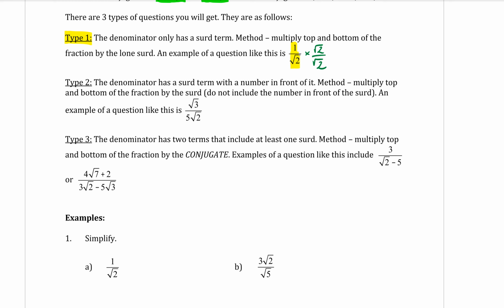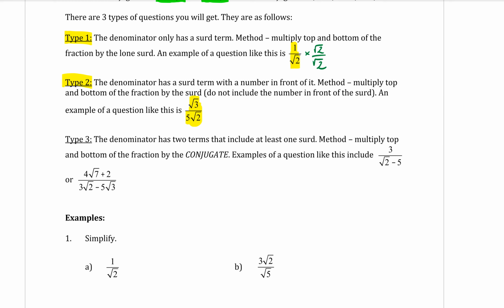Let's look at type number 2. In this type, the denominator has a surd with a number in front of it. So to do this, you're going to multiply the top and the bottom of the fraction just by the surd part. Do not include the number in front of the surd. So for example, this one here, we have root 3 over 5 root 2. So the only change between this question and the first one is that instead of just having the root 2 by itself, I now have a number in front of it.